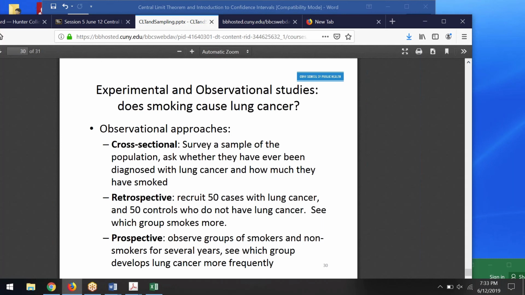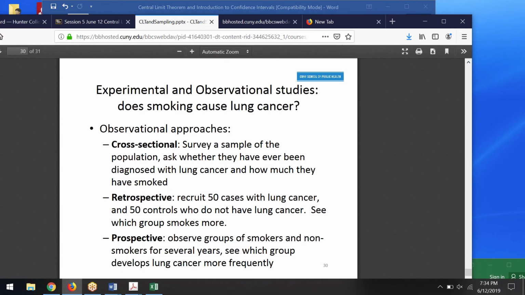You go to the company's medical records and you see that you have 50 cases of nasopharyngeal cancer in that company. So you have people that have gotten lung cancer or nasopharyngeal cancer in the past. You have 50 of them.